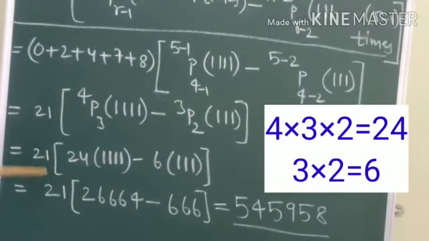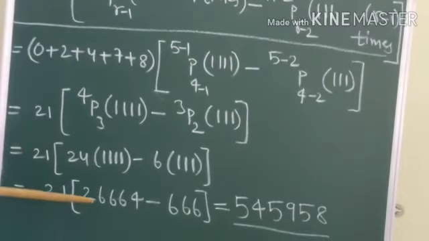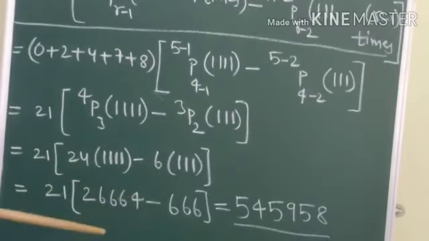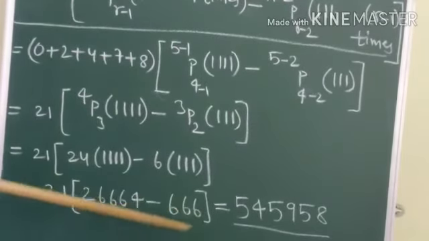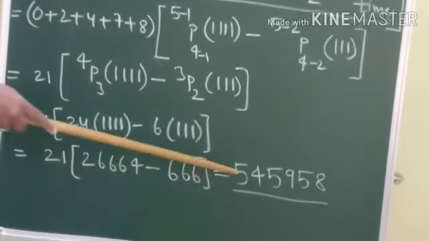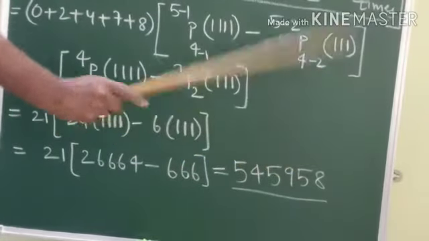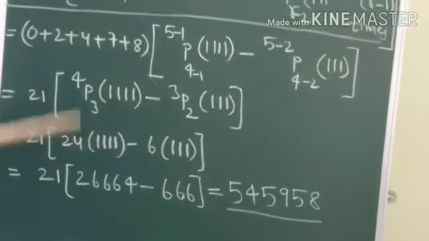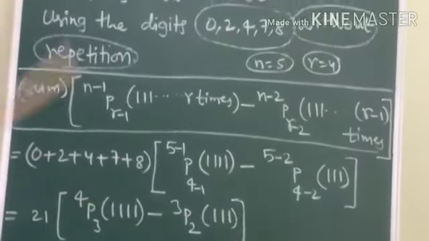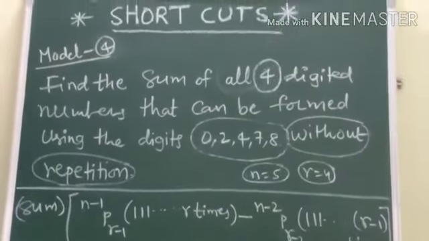That is equal to 21 into 26664 minus 666. By simplifying this, we get 545958. So in this way, these 4 models in permutations and combinations we can solve within 30 seconds of time.